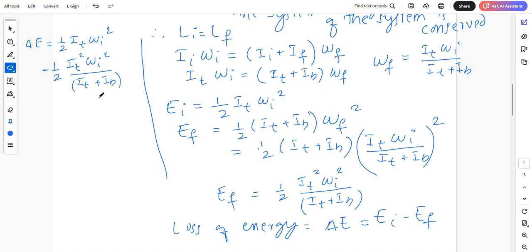Now from here I can take omega I square by 2 as common. Now I can write IT minus IT square divided by IT plus IB.